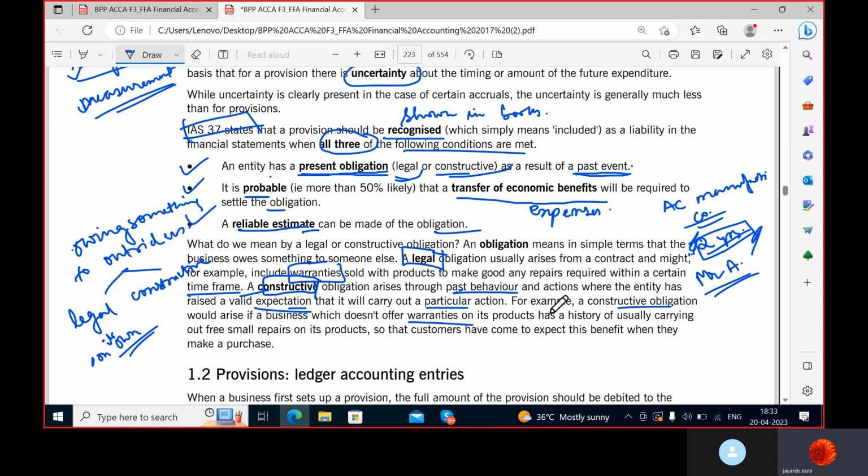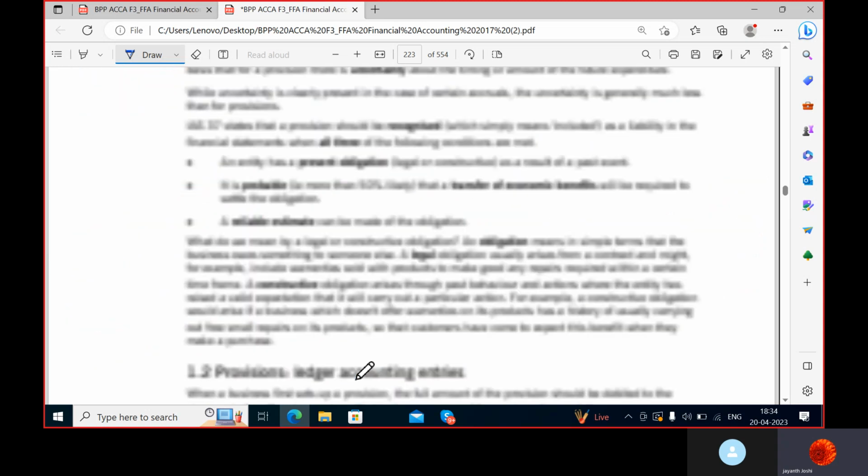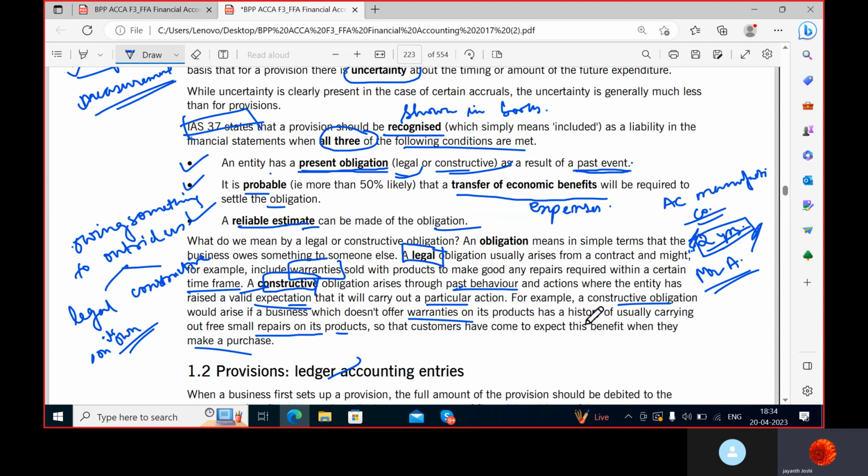So here one example is given. A business is not offering any kind of warranties on its product, but it has a history of usually carrying out free small repairs on its product, so that customers have come to expect this benefit when they make a purchase. So what they are trying to explain with this constructive obligation is that by law the company is not forced to do anything.